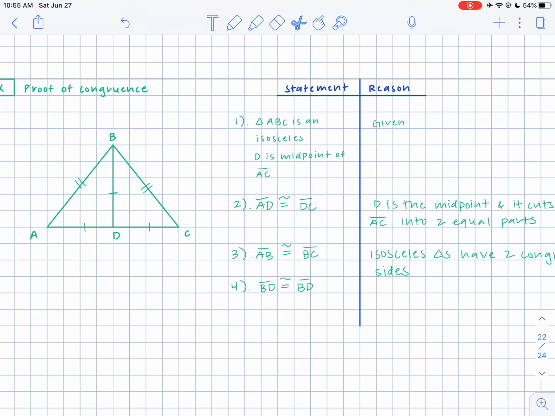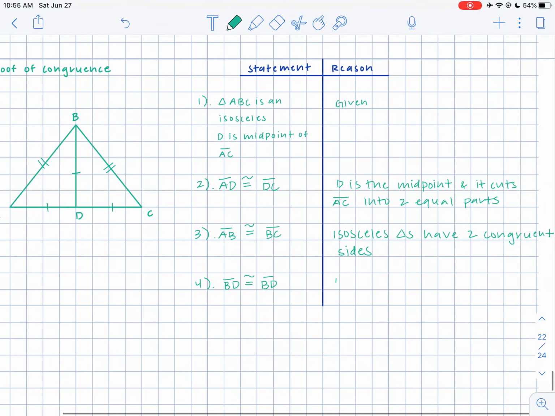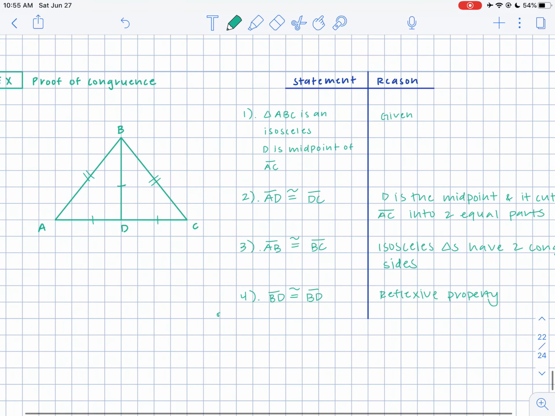Now it's silly to say, but it's actually important in this case. And how did we draw that conclusion? Segment BD is congruent to itself. This is the reflexive property. Now you see we have three pieces of information. 1, 2, three hash marks. There you go.